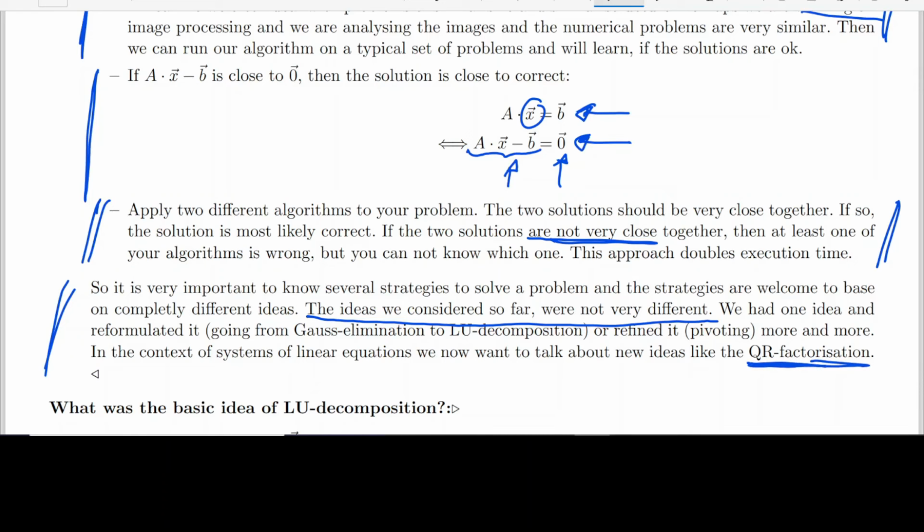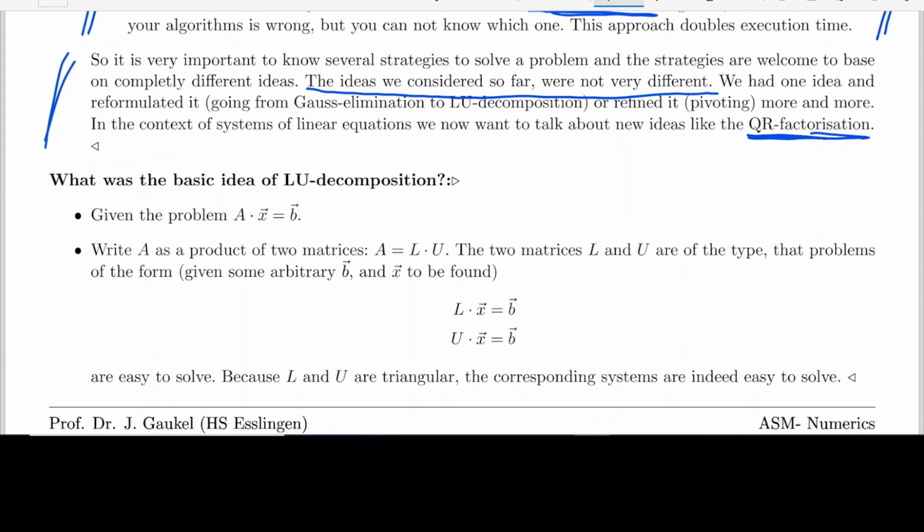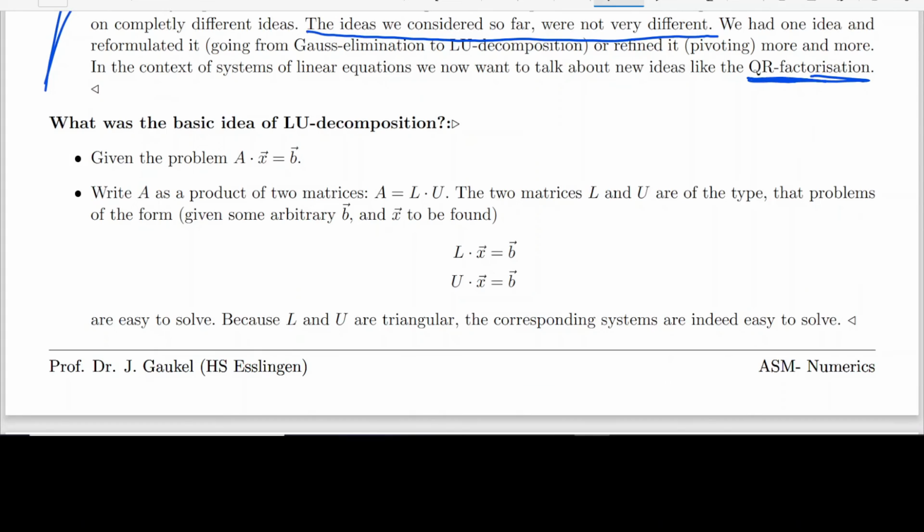A basic concept of the QR factorization is the same as in the LU decomposition, but now there are also big differences. So to really understand the QR factorization, I think it makes sense to recap the basic ideas of LU decomposition, because some ideas of LU decomposition we will use again.